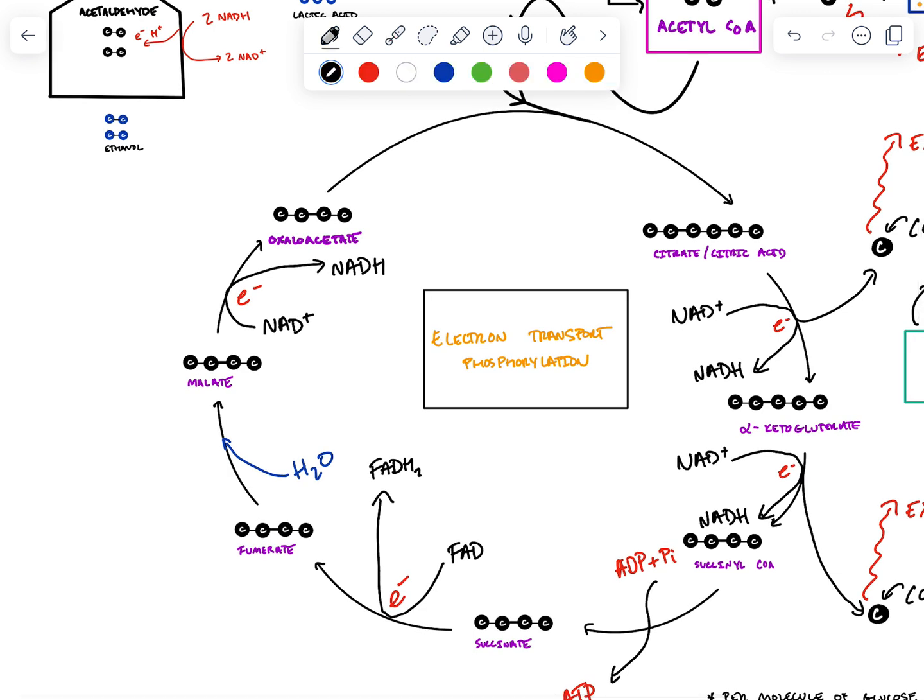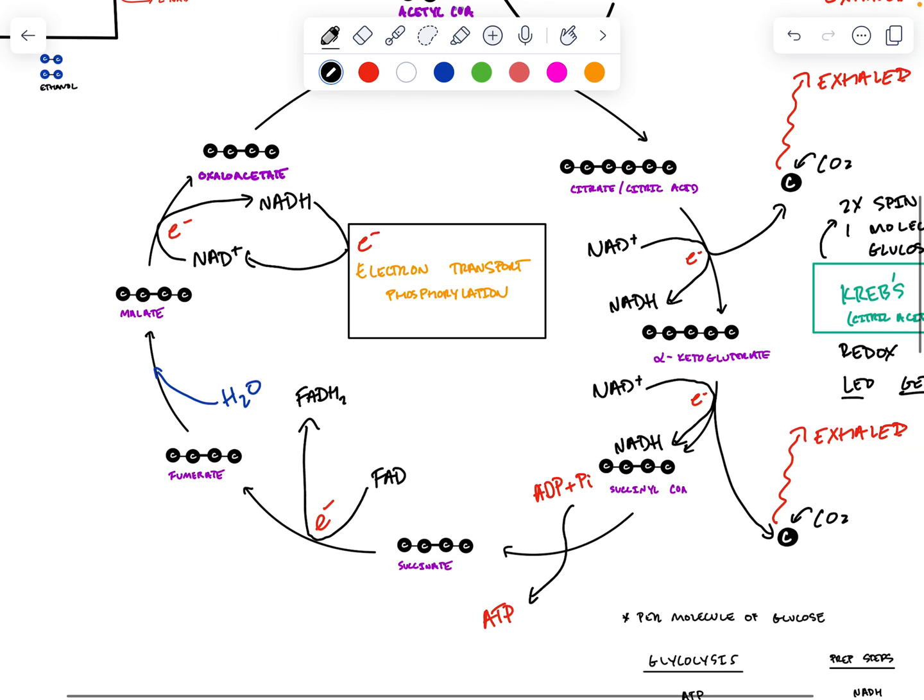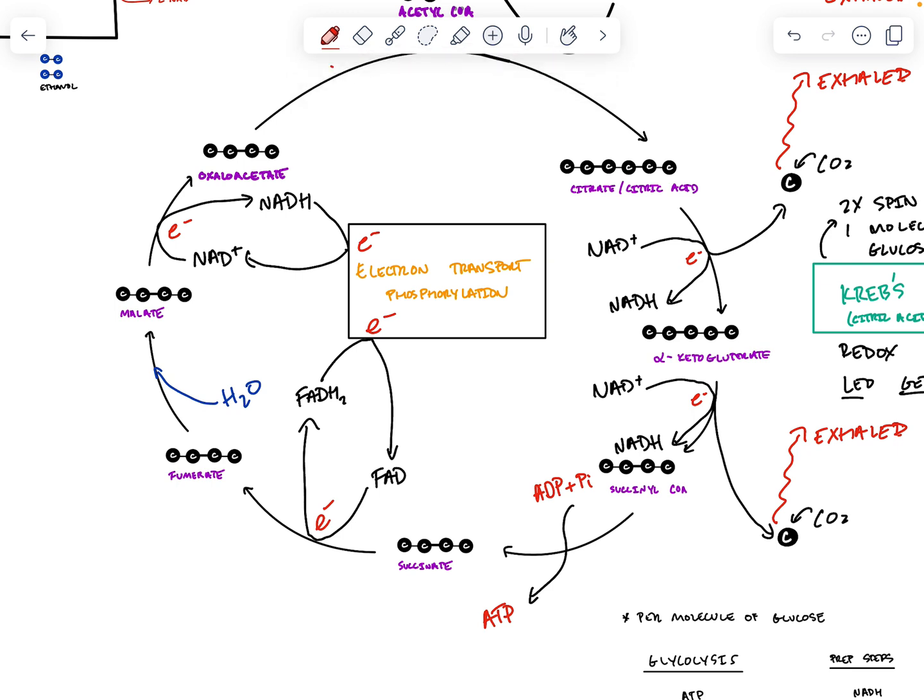These high energy electron carriers are dropping off high energy electrons at the next step called electron transport phosphorylation. And so you can have all of your high energy electron carriers coming in.